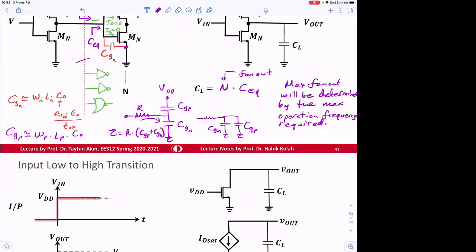Because if the operating frequency required is large, then we want the switching to be fast. So then CL should be small. Okay, if F is large, then CL should be small, because it determines the delay time.